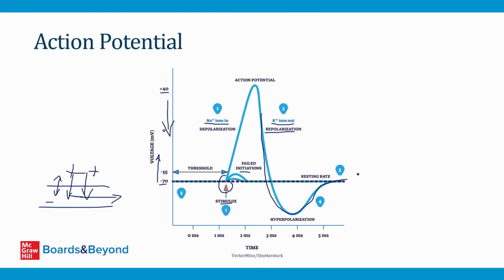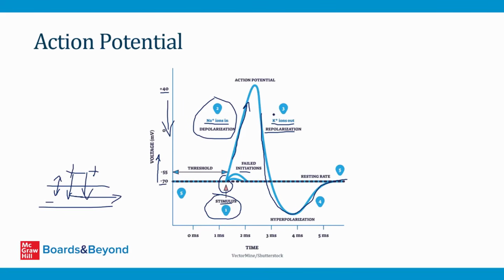And so the key things to know about the way the voltage changes across the cell membrane of a neuron, which is the action potential shown here, is that first of all, some stimulus has to come in right here to get the process going. Often that stimulus is from another neuron that tells a second neuron to depolarize, but there are other stimuli that can get this process going. What that's going to do is allow sodium ions to come in. That's responsible for this upward trajectory here of the action potential.